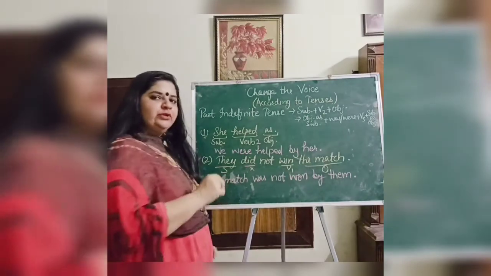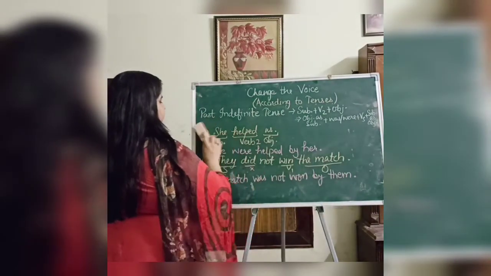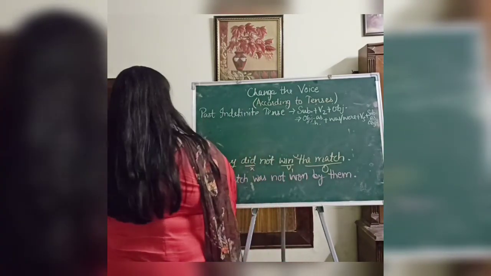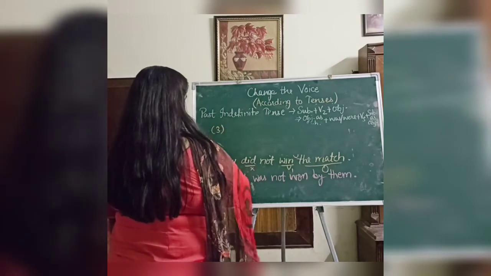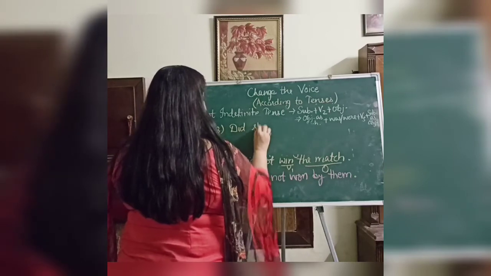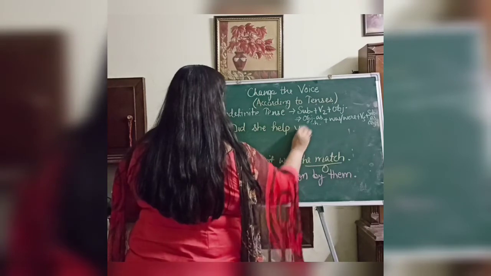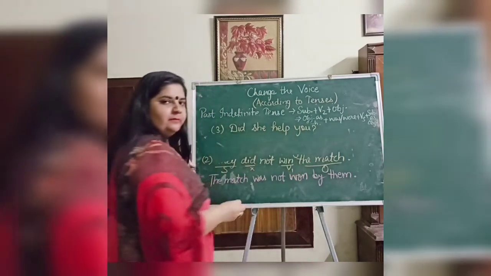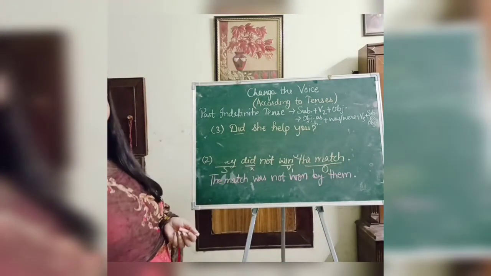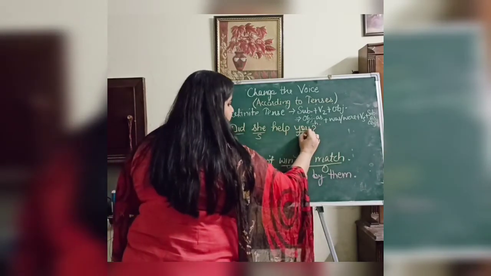So we have seen two types of sentences. Now coming over to interrogative sentence. The third example is an interrogative sentence. Did she help you? Now in this case, did is in the beginning, but it is helping verb. While the subject is she and the object is you.